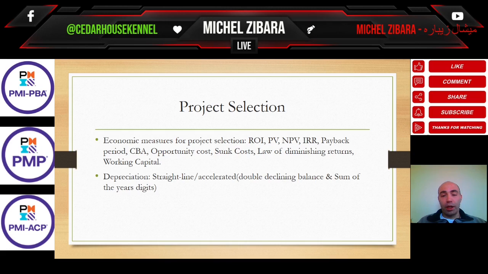Law of diminishing returns. In a summary explanation, let's say I have two resources on a work activity. If I add a third resource, I might be able to expedite and finish the work activity faster. If I add a fourth resource, I might be able to finish a bit faster.